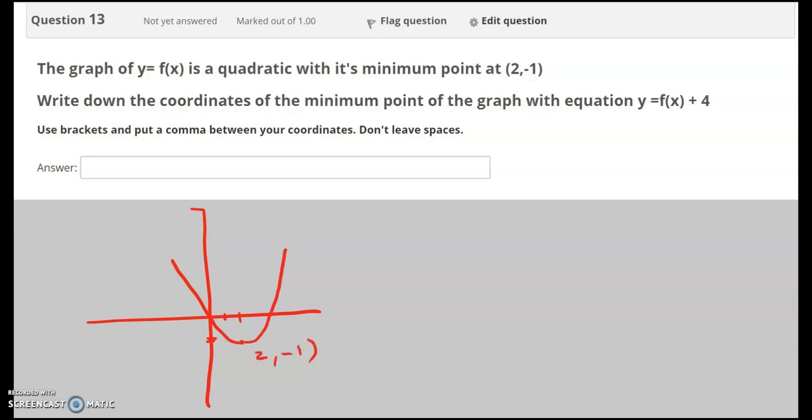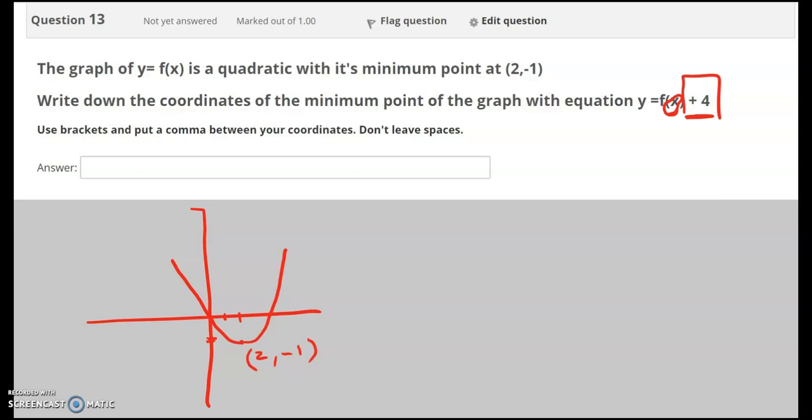What this tells me is that the graph has moved 4 spaces up. Whatever happens within the brackets shows the movement across, whereas whatever is outside of it is how many spaces you've moved up or down. So that means moving 4 spaces up.